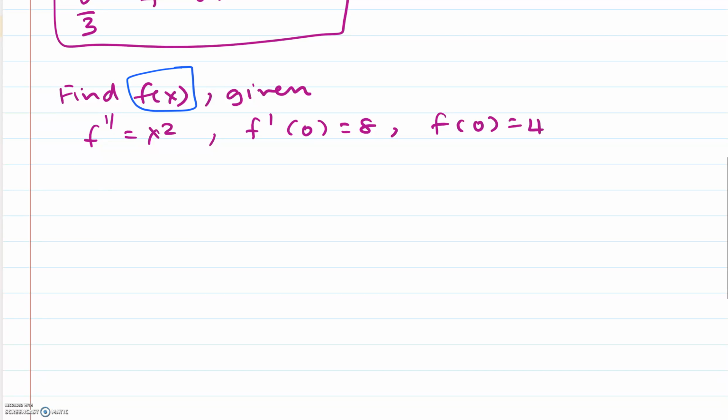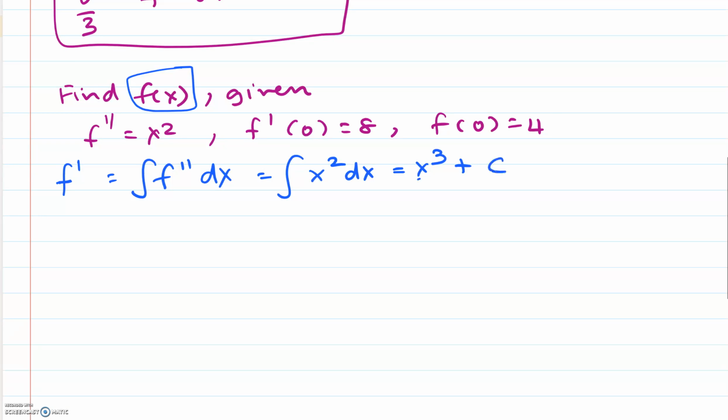So first f double prime is given, so f single prime, the first derivative f prime is the integral of f double prime dx. Integrating the second derivative will give the first derivative. So integral of x squared dx, this is going to be x cubed over 3 plus c. So first derivative is x cubed by 3 plus c, but we have to find c.